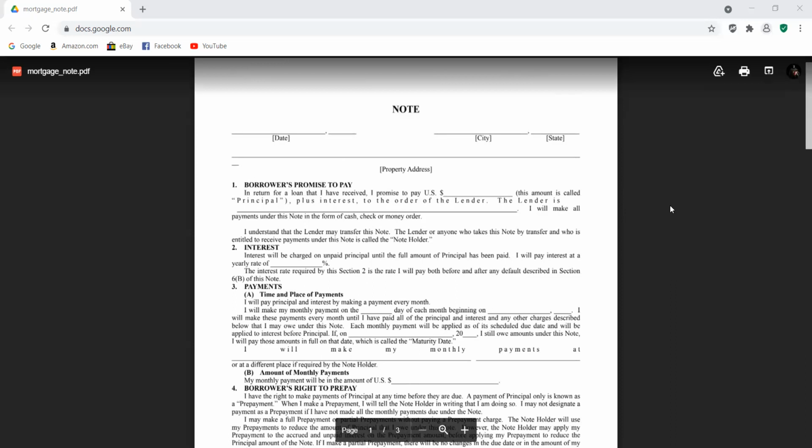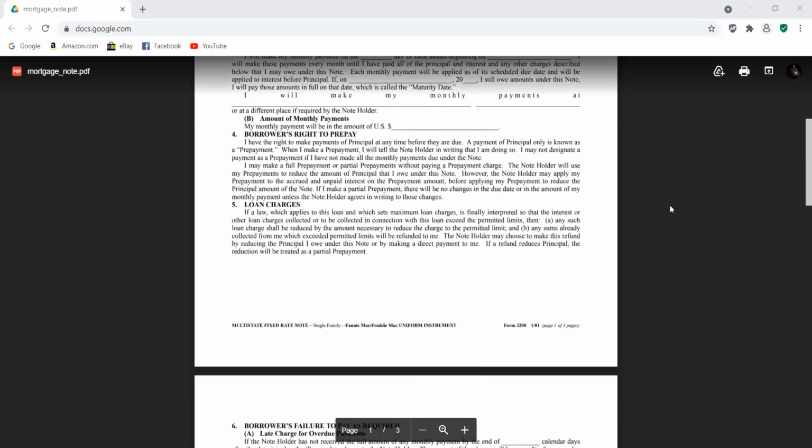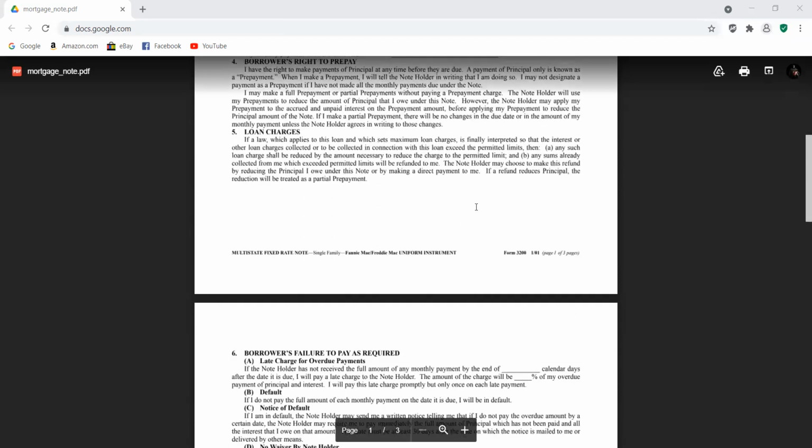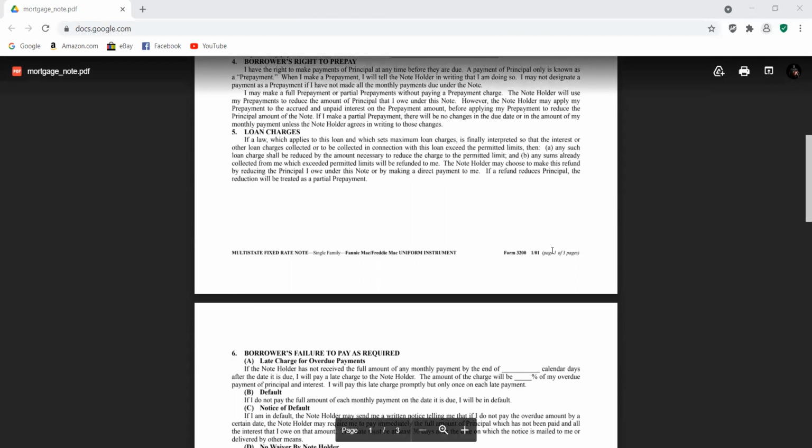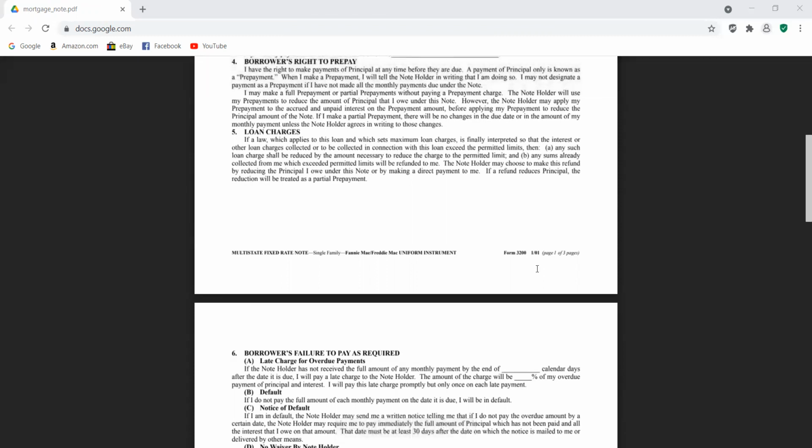So on the note, similar to the deed of trust document, on some notes you will see in either the bottom right corner or the bottom left corner, initial lines. If initial lines are present, be sure that your signer does not miss putting their initials on those initial lines.